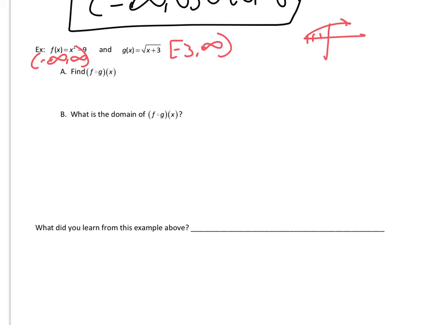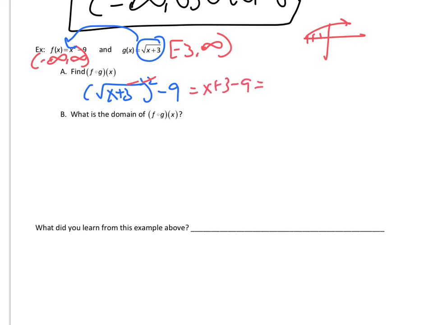We're going to do our problem just like we did before. We plug g into f and simplify. So square root of x plus 3, squared, minus 9. Your square and your square root cancel each other out. You get x plus 3 minus 9, which is x minus 6.